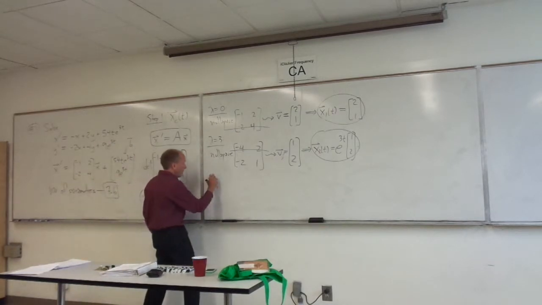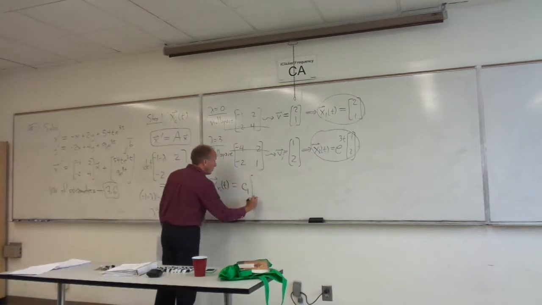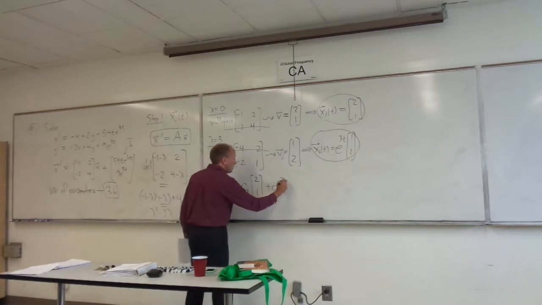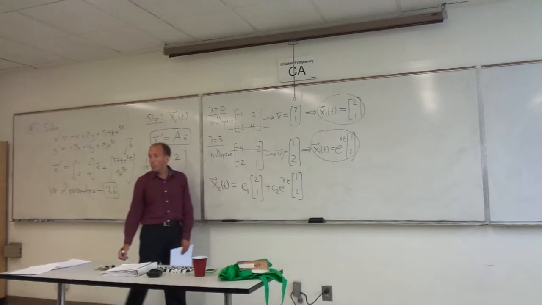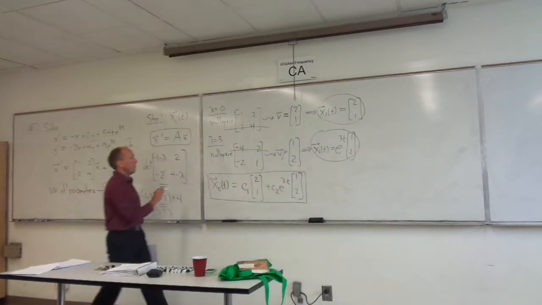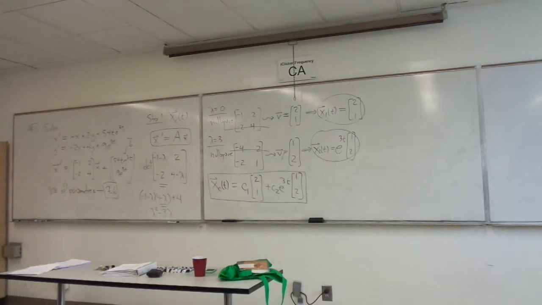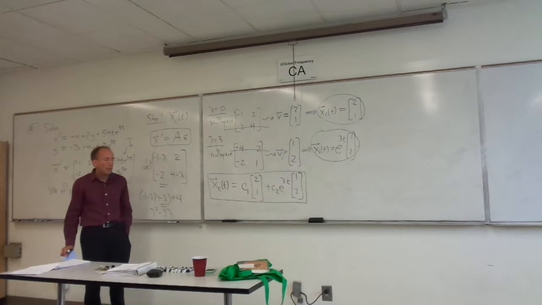The complementary function, you guys remember, is just c1 times the first solution, which was 2, 1, plus c2 e to the 3t times the second solution, which is 1, 2. So there is your complementary function. That's step 1. So far, so good? Any questions?